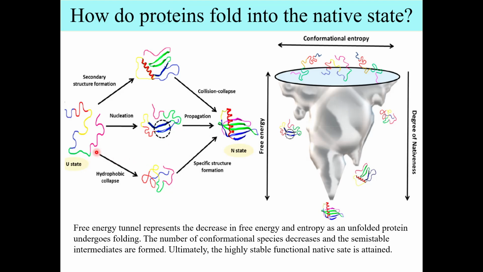Okay. The other theory, and the most accepted one, is called hydrophobic collapse. So the first two theories tell you that the most important forces, from the primary structure to the folded state, are firstly the hydrogen bonds. But hydrophobic collapse tells you that the biggest priority should be given not to hydrogen bonds and other interactions, but to the hydrophobic interactions.